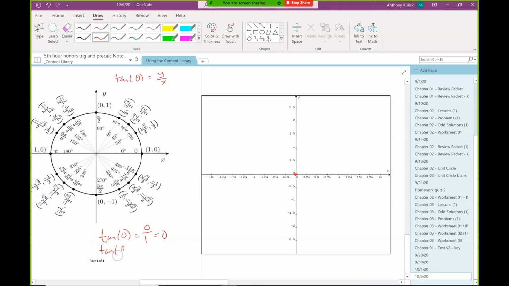If I then go, say, to tangent of pi over 4, that is going to be square root 2 over 2 over square root 2 over 2, which is 1. So pi over 4 and 1 is there.